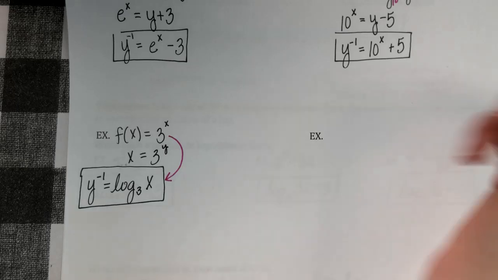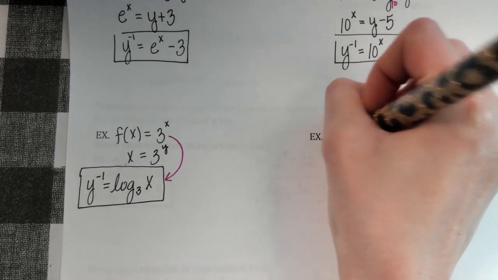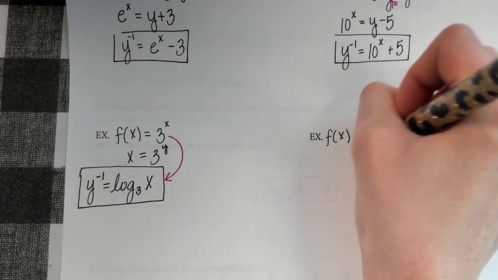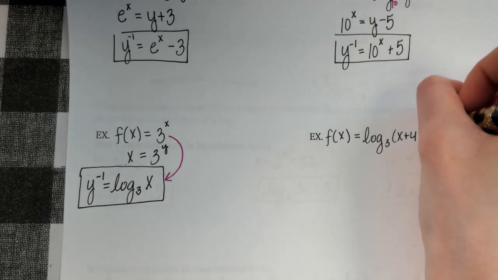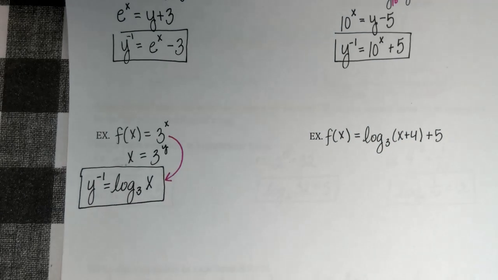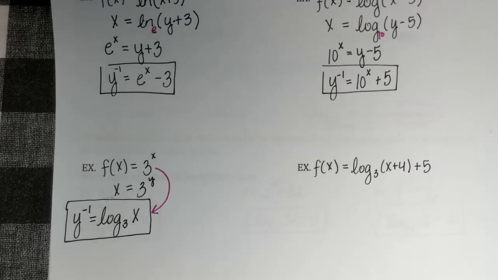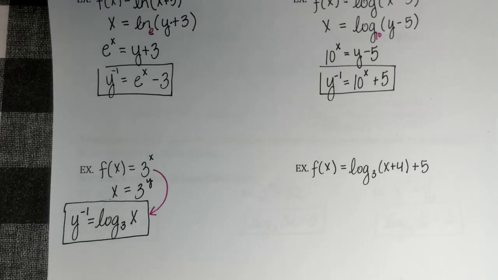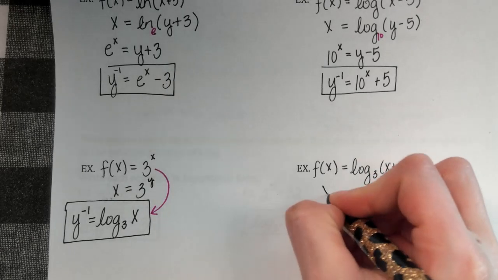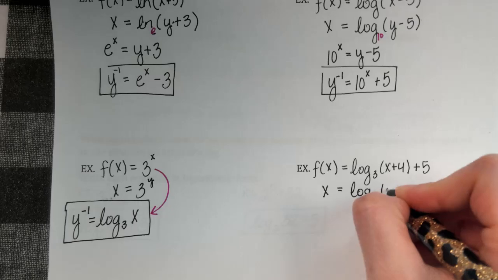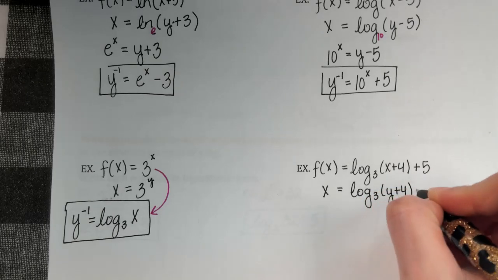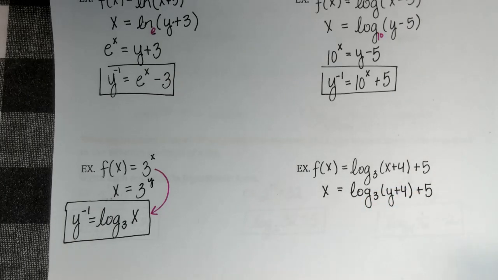Our last one, we have f of x equals log base 3 of x plus 4, plus 5 at the end. Okay, so our first step, switch your x and y. x equals log base 3 of y plus 4, plus 5.